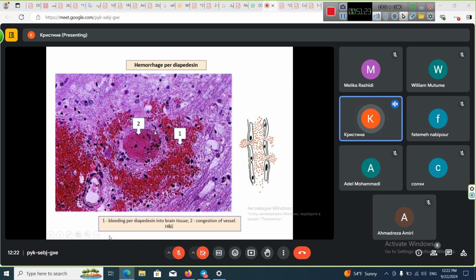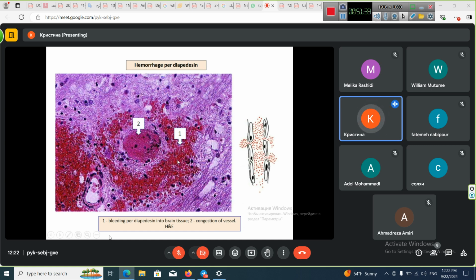So we see here not damaged endothelium, not damaged, not ruptured wall of this blood vessel, but for some reason erythrocytes came out from blood vessel to surrounding tissues.